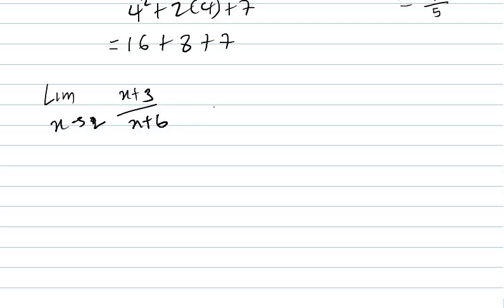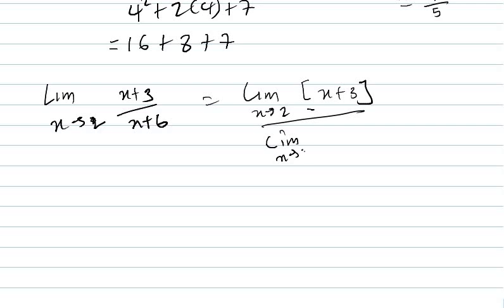Likewise, you can say the limit as x approaches 2 of the numerator x + 3, and then all over the limit as x approaches 2 of x + 6. So you just substitute. We have 2 + 3 all over, for this one, 2 + 6, which is 5 by 7.